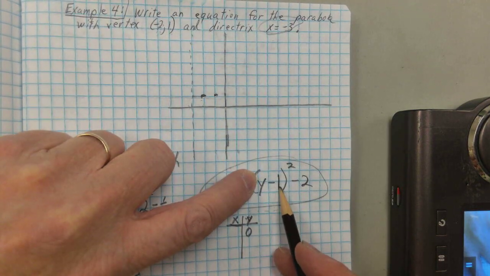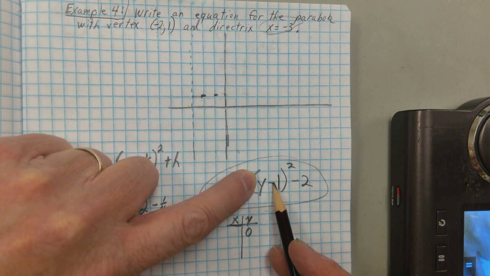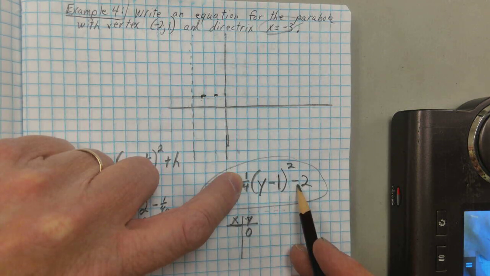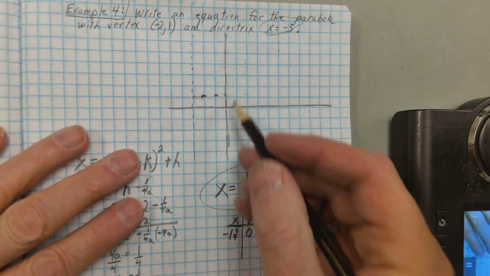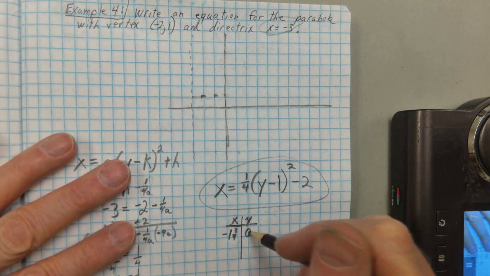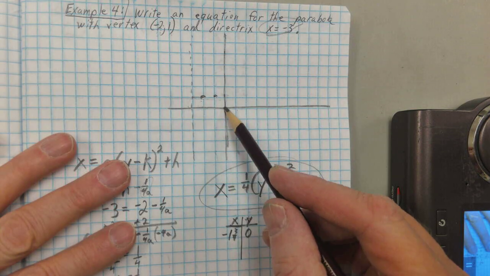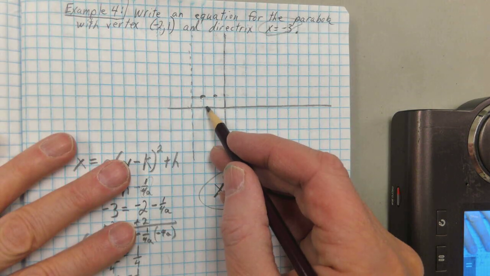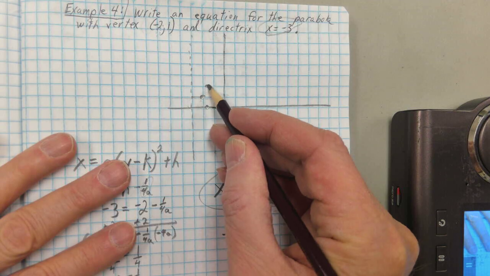So -1 squared is 1. 1/4 times 1 is 1/4. 1/4 minus 2 is -1 3/4. So when y is 0, x is -1 3/4.